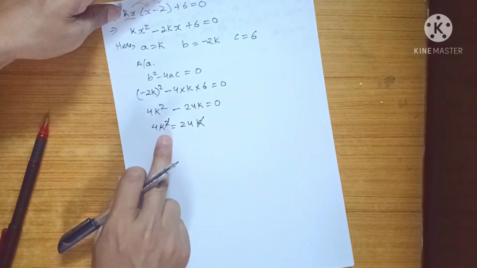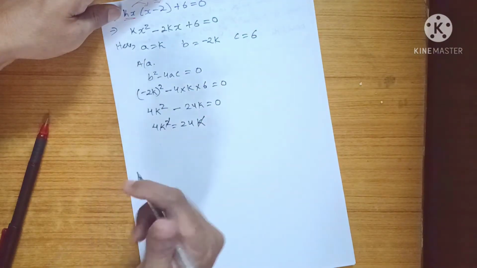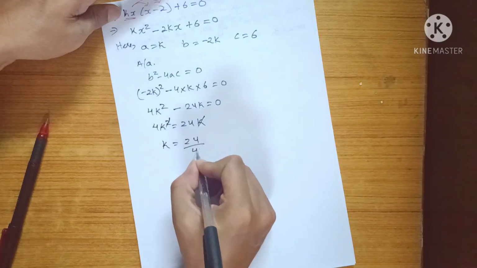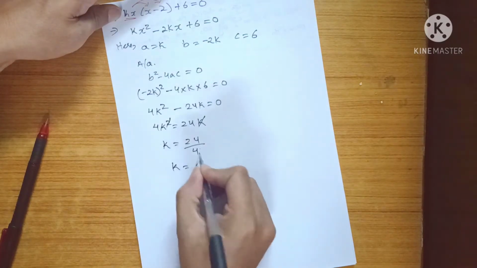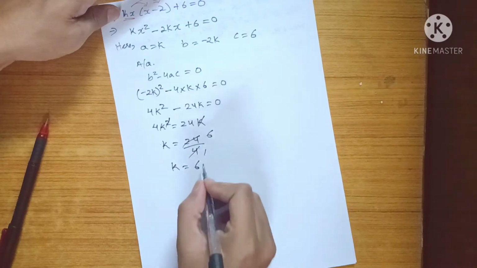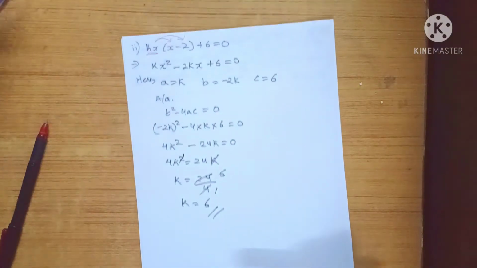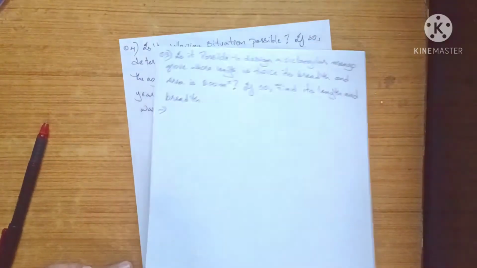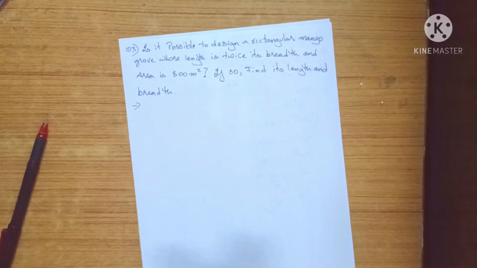K square means k into k, and then 1k is here, so I can cancel those two. So k equals 24 by 4, or k equals 6. So k is 6. Let's move on to the next question, question number 3.